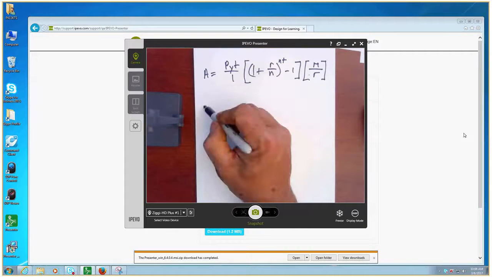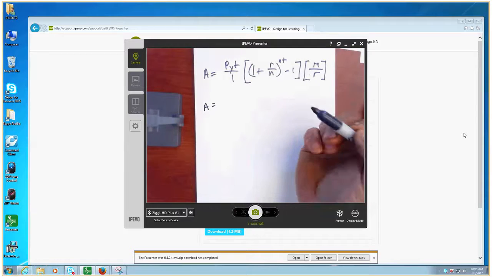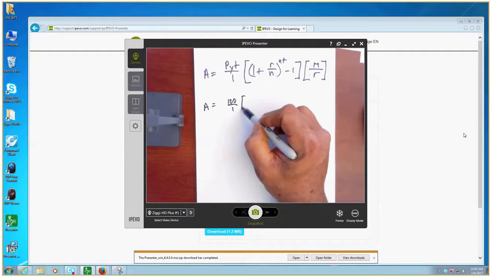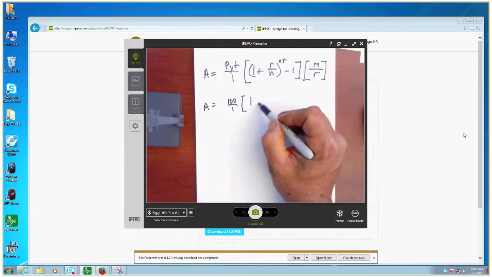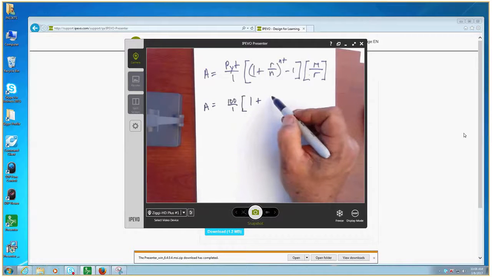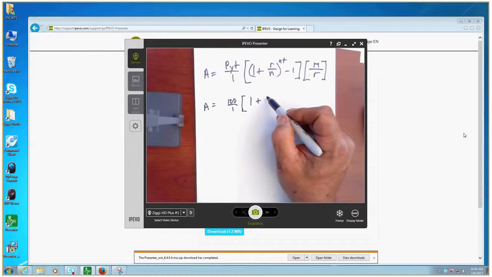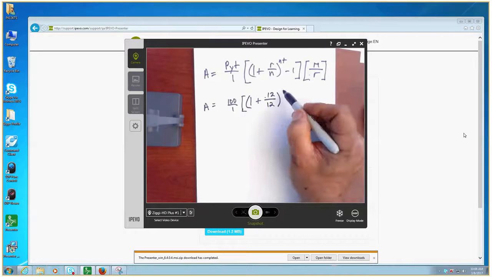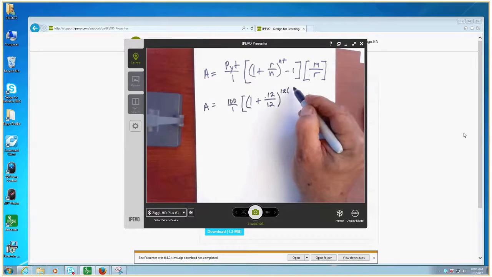So A is equal to the payment of $100 multiplied by 1 plus, what's the percent? 12. 0.12 over 12 raised to the 12 times, how many years? Half. It was 6 months? Yeah. 0.5.